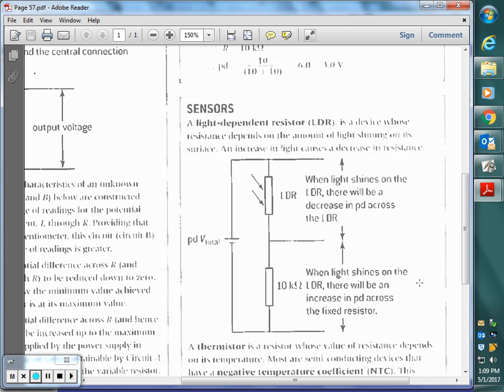You can go either way. Either light is a big resistance or light is a small resistance, right? When light goes on, this resistance increases and this goes off. When the light goes off, this resistance decreases and this goes on because there's more current flowing through it. Does that make sense?